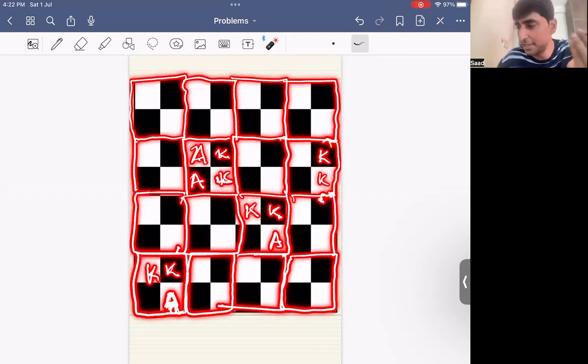That's simply because there are 16 of these 2 by 2 squares, and no matter where Alex puts himself, Katie can occupy this 2 by 2 and get two squares for herself, right? So that's one. So Katie will score at least 32, and I'm not at all claiming that that's the end.